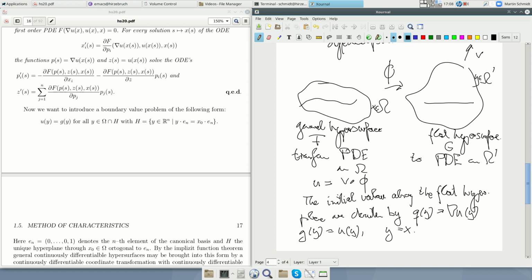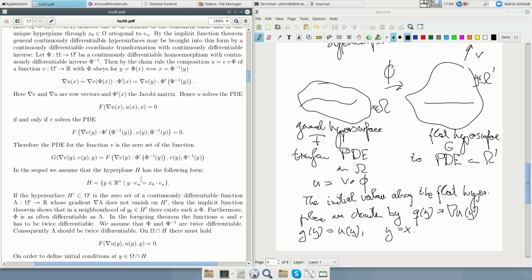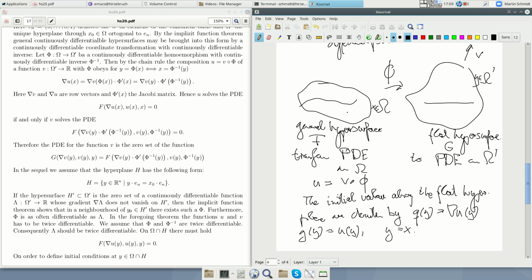So we thought about how the PDE transforms under this map, and this was an easy calculation. We found that we can transform this PDE F into the PDE G here. So we can transform our PDE of first order into another PDE of the same form, also of first order, and we achieve in this way that our general hypersurface becomes flat.